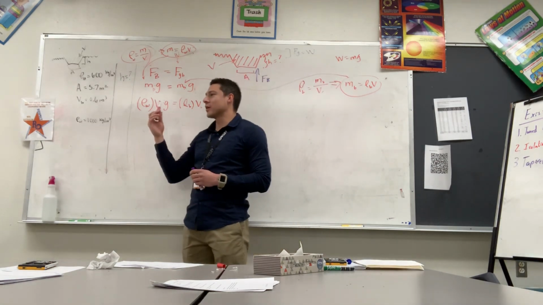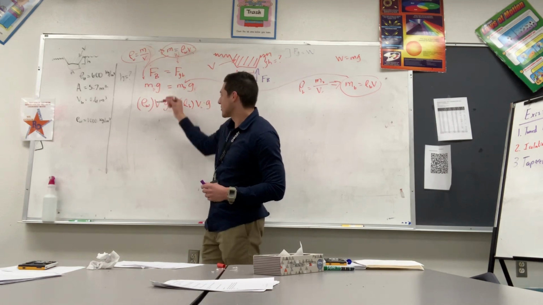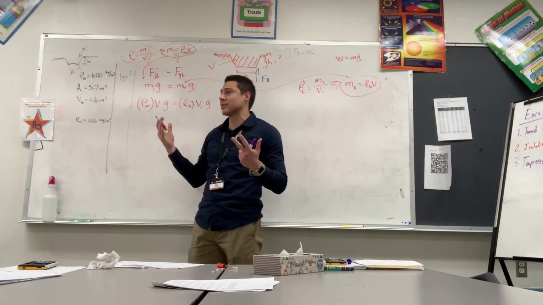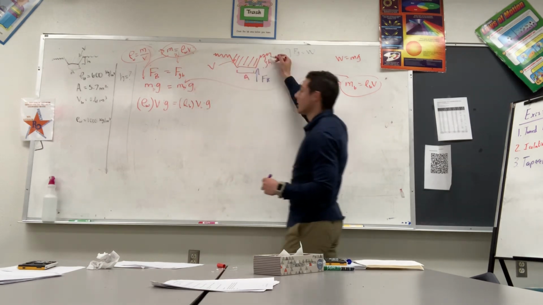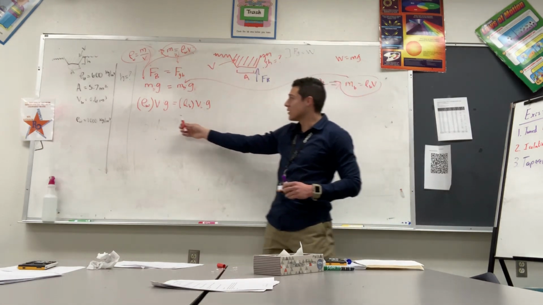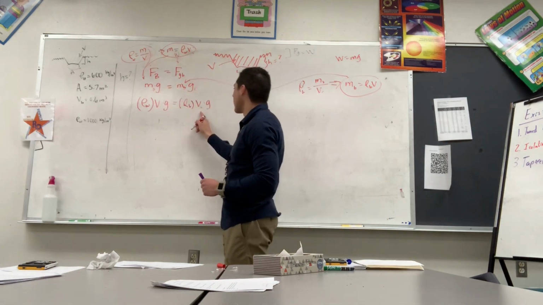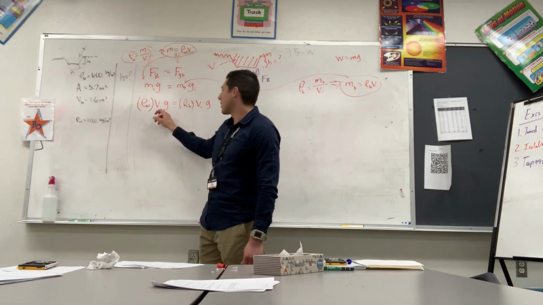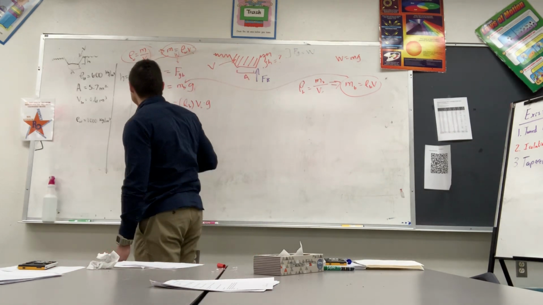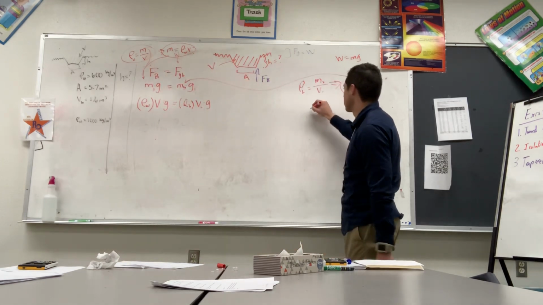Now we got one more thing that we have to look at as far as volume goes. We're looking for the height, the height underneath the water level. So we know the volume of the boat, so we don't have to worry about that. But as far as the water level, what's the formula for volume?